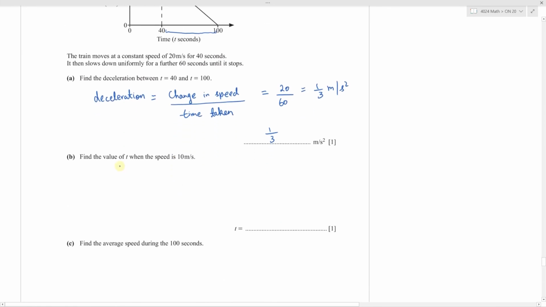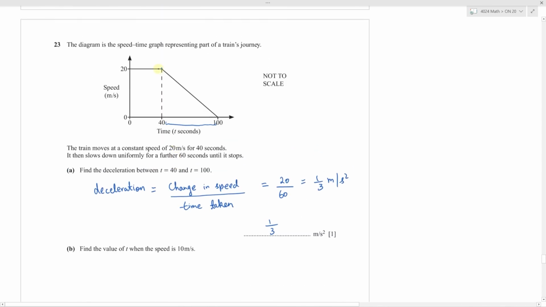Part B is find the value of t when the speed is 10 meters per second. Up till this point, your speed is 20. It starts to decrease, so 10 will be somewhere here. And then you have to find the value of t here, at which point your speed is 10.